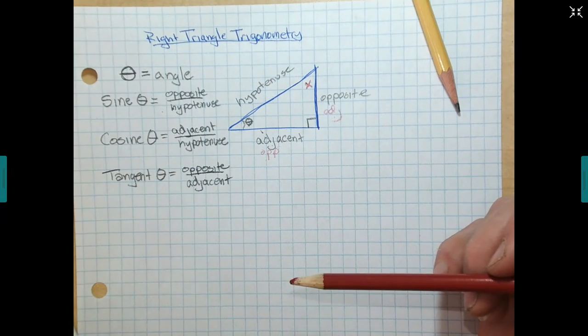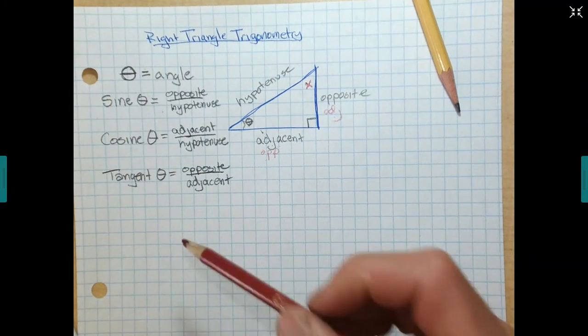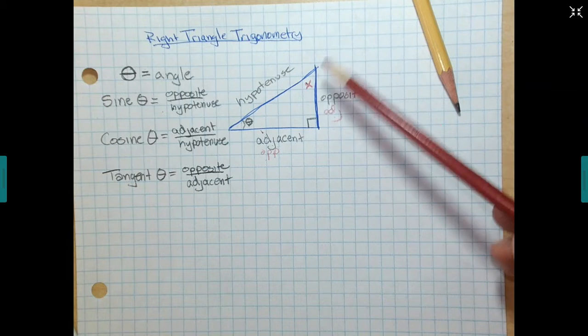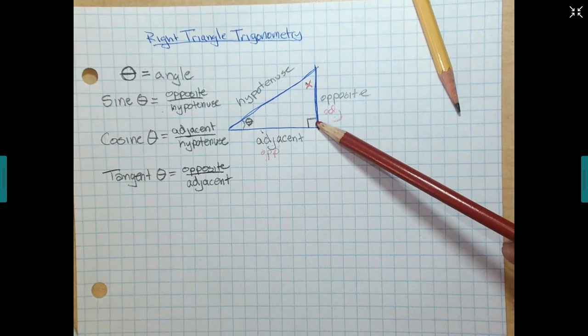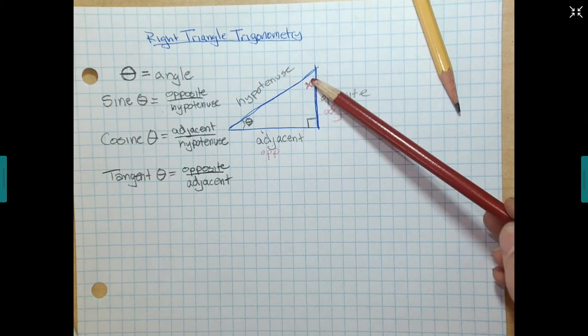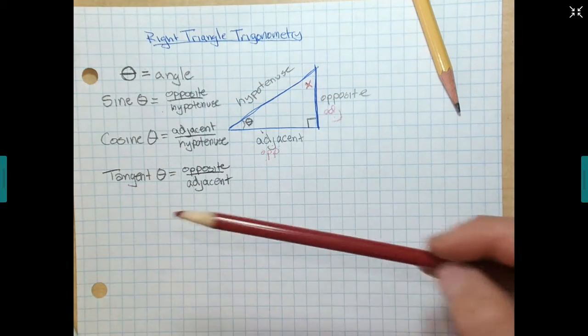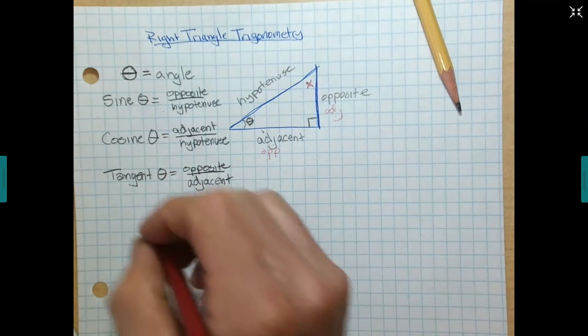So sine, cosine, and tangent are relative to the angle chosen. It'll never be the 90 degree angle. It'll always be one of these two.